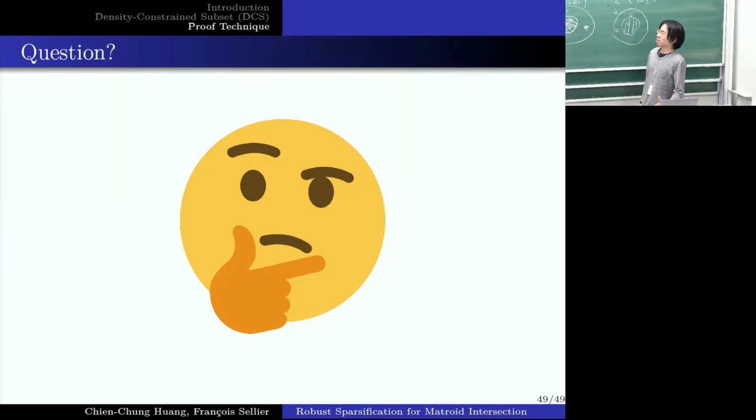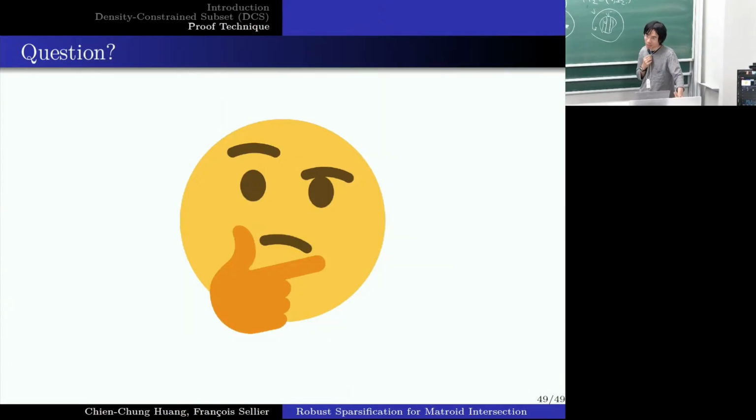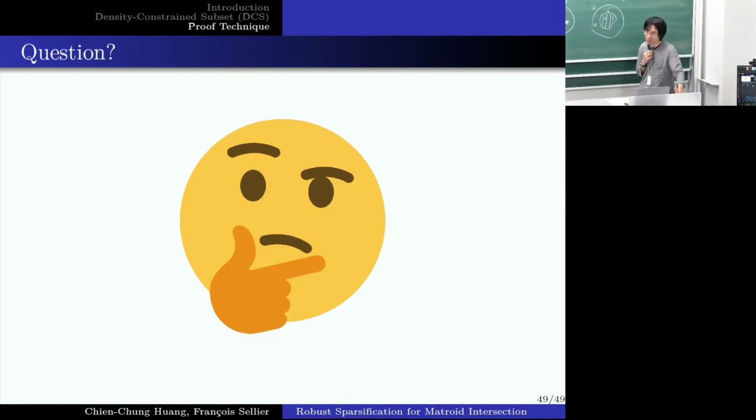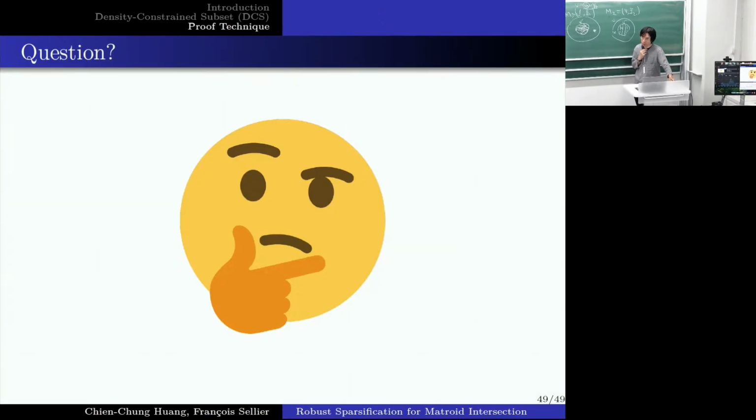You always contract the densest one and try to bound it. I wonder, if you apply it to the graphic matroid, you can find the densest subgraph, right? Not exactly, but something close to that. So I wonder, can you mimic a bounded degeneracy?